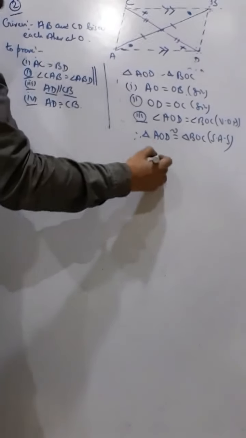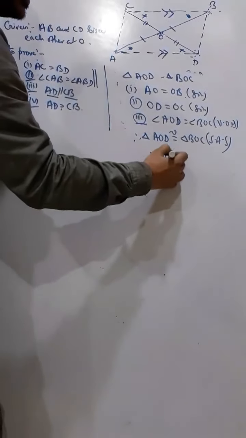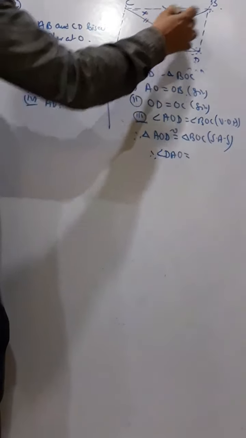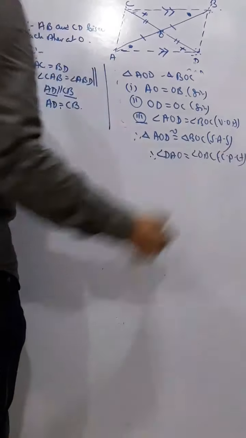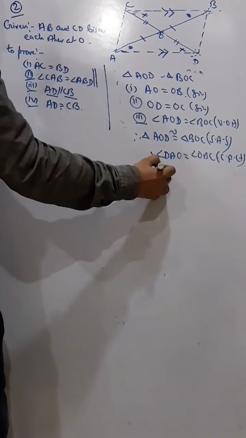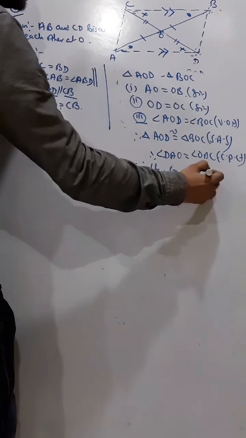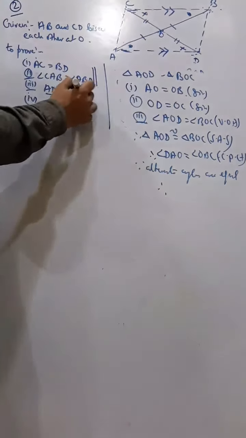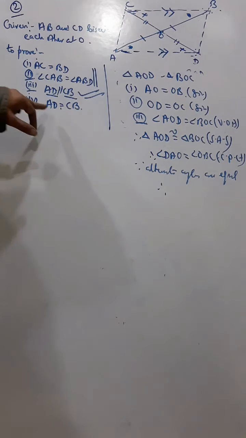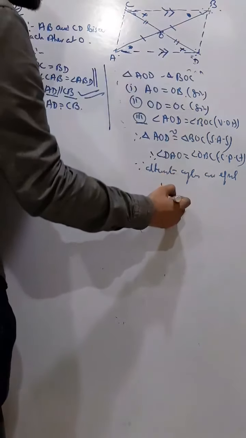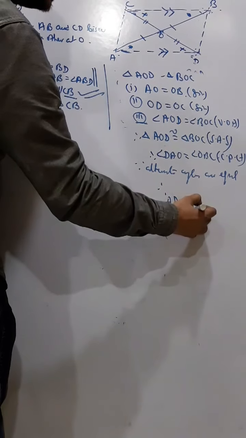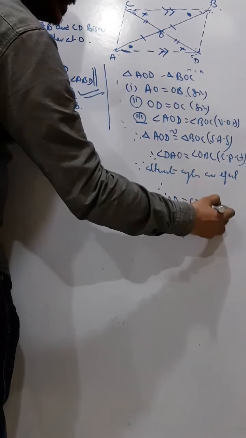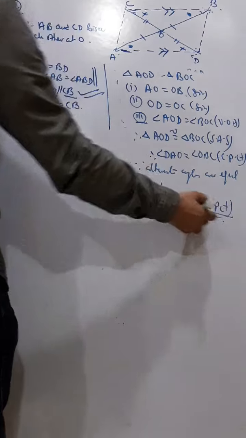So finally I can say, therefore angle DAO is equal to angle OBC, CPCT. And now we can say, since alternate angles are equal, therefore AD is parallel to CB. And naturally AD will be equal to CB, that is also true, it is CPCT.